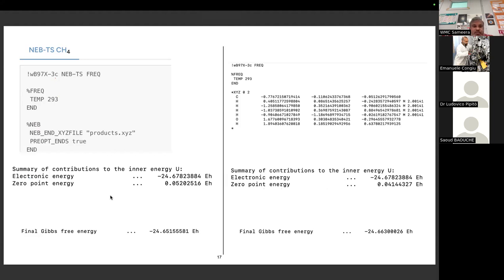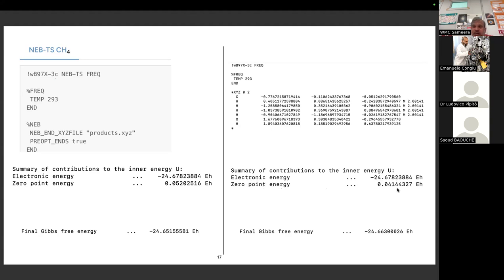So this is the NEB transition state I computed. It has the electronic energy of minus 24.678 and so on, and then here is the zero point energy. And when I did the frequencies by using isotopes, it is not going to affect the electronic energy.